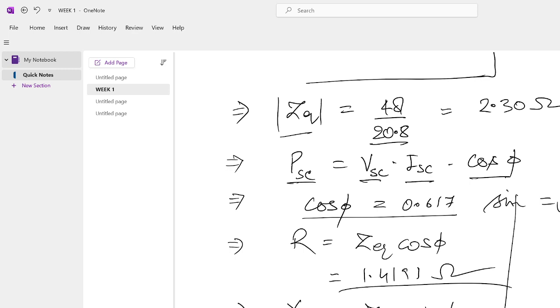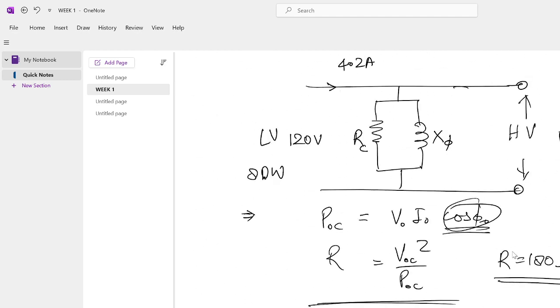If you have a scientific calculator, you can simply do sin of cos inverse. Okay, sir, sorry, the value is 1.817.